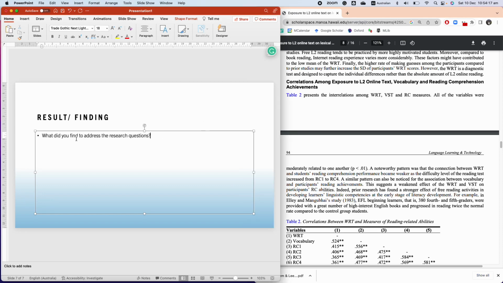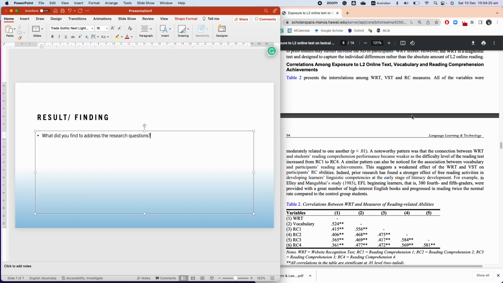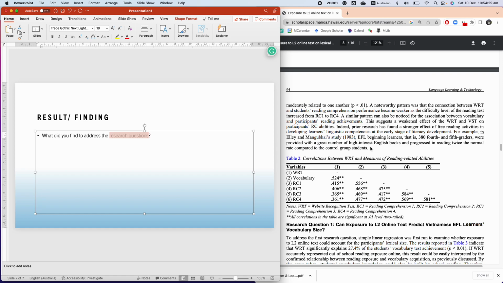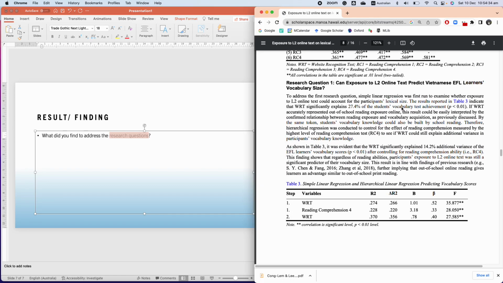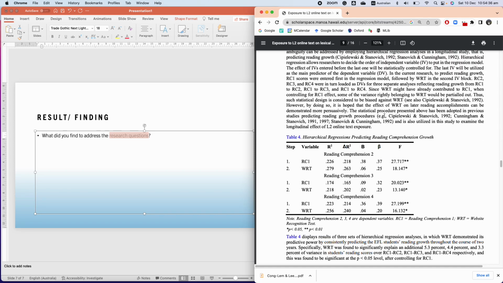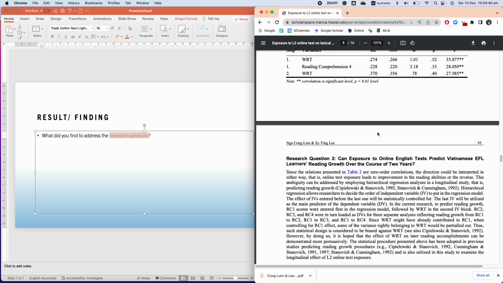But you don't have to stick to the number of research questions. You may present it in a more dynamic way, but make sure that the key findings that help you address the question are presented in a logical and meaningful way. In this study I have two research questions, so I'm going to put two sections right here.